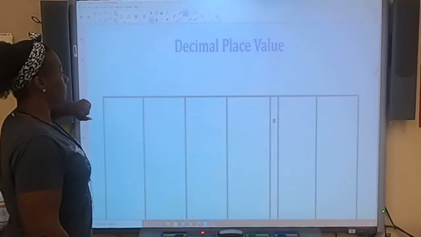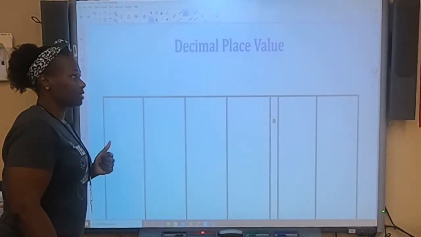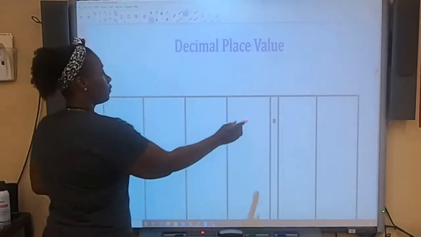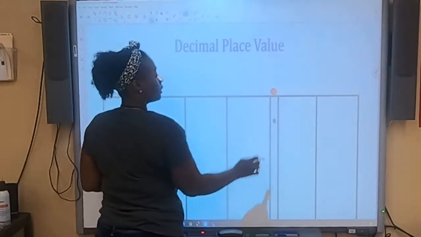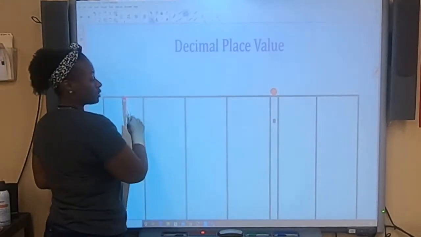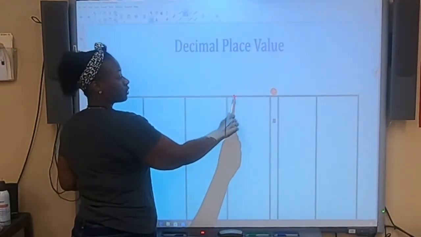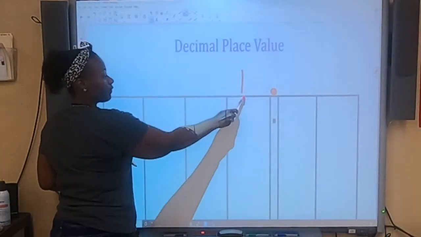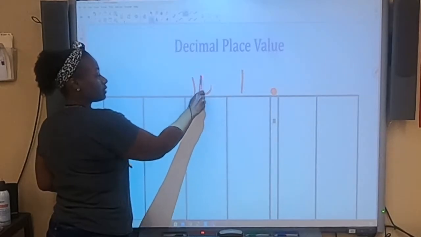Our next fluency is decimal place value. We know our decimals right here, and we learned in 4th and 3rd grade that on the whole number side, which is on the left, our first whole number place value is the ones place. Right in front of it is the tens place.